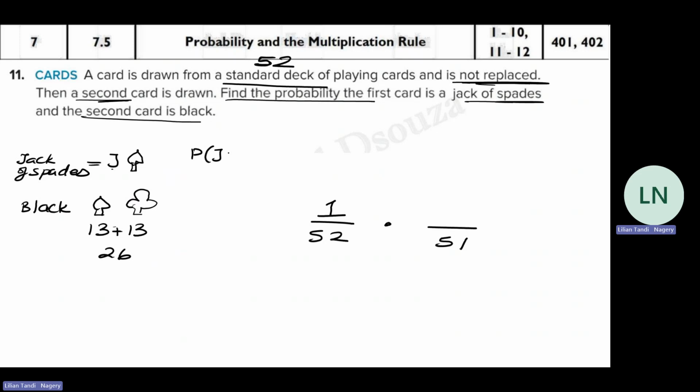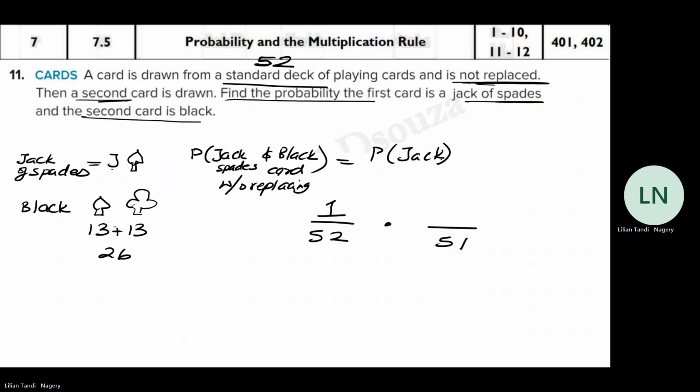Probability of jack of spades and probability of a black card, without replacement, is equal to probability of jack multiply probability of black card.